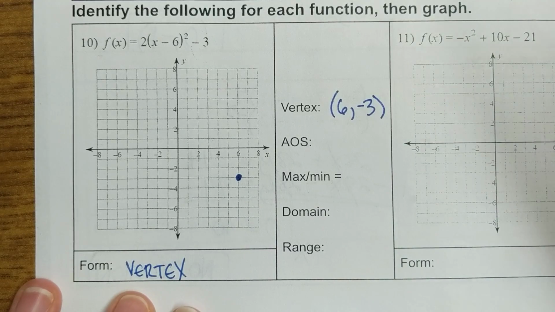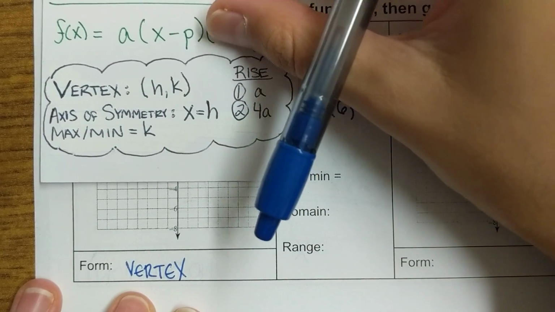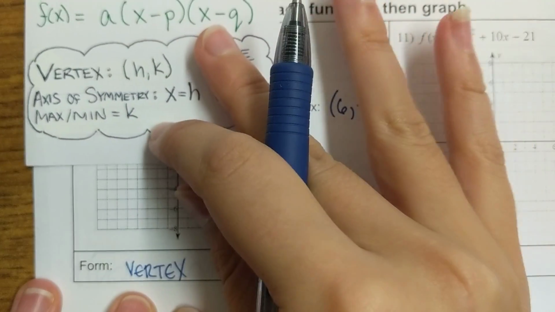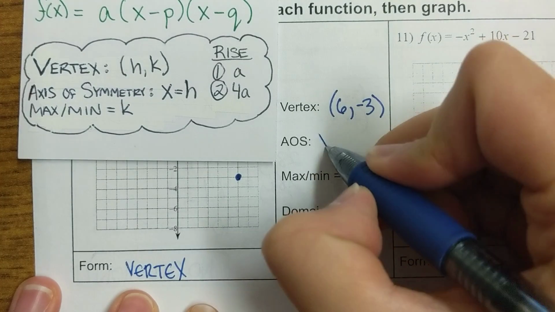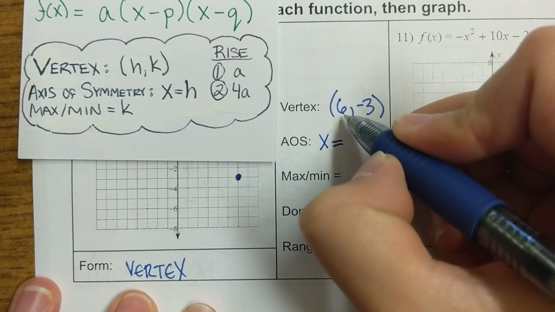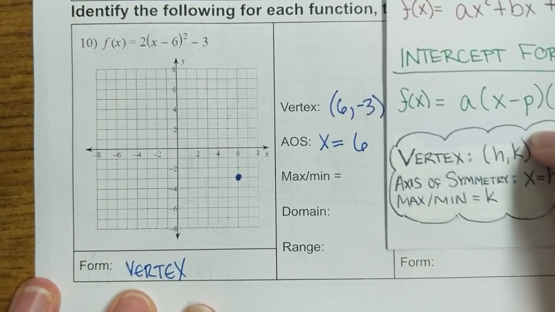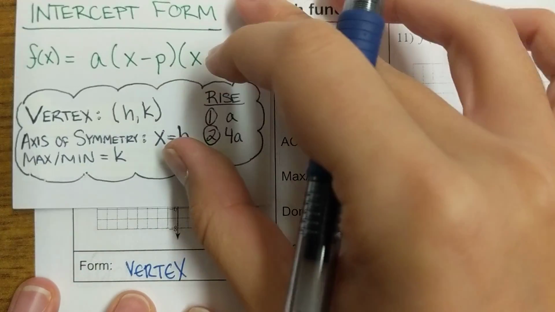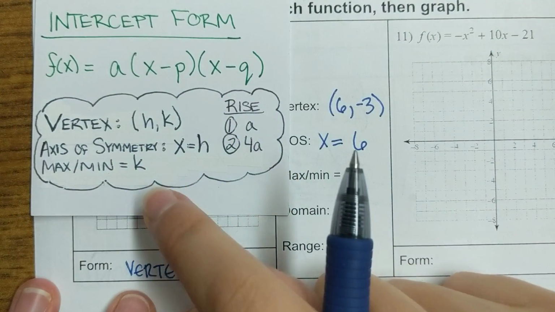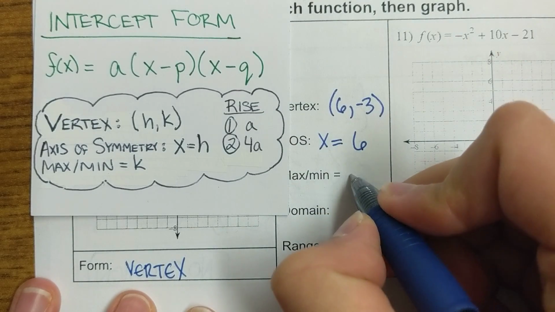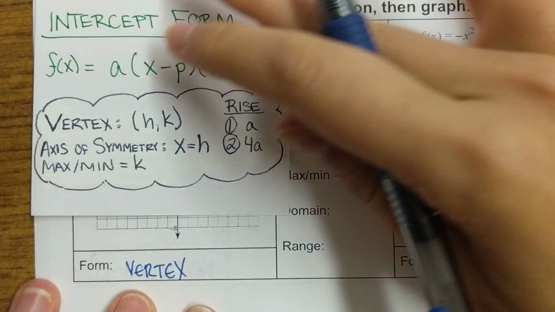Okay, and then we have some shortcuts here. The axis of symmetry is x equals whatever the x part of the vertex is. The max or min value is whatever k, the y part of the vertex, is, but we need to choose if it's a maximum or a minimum.